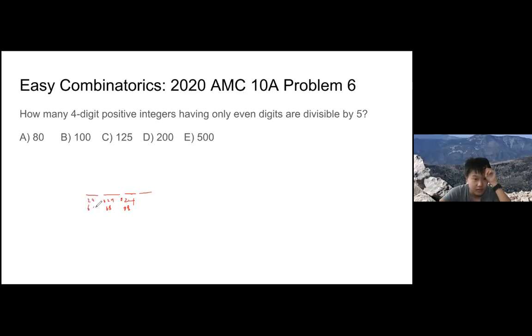So there's only 4 choices for it. Now the last digit has to be even, but it also has to be 0 or 5 because the number is divisible by 5, which means it has to be 0. So there's 4 choices for the first digit, 5 for the second, 5 for the third, and 1 choice for the last digit. This gives us 100 total.